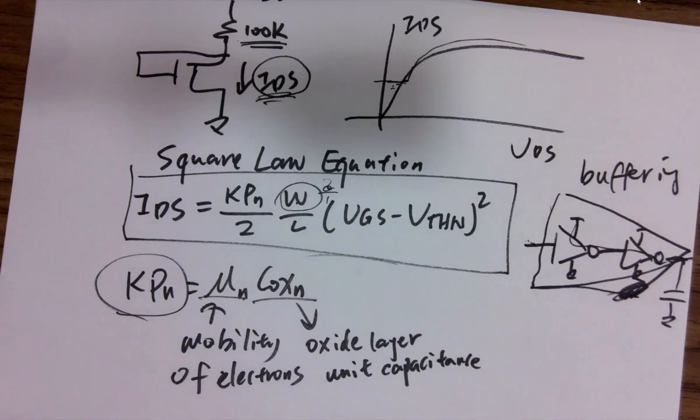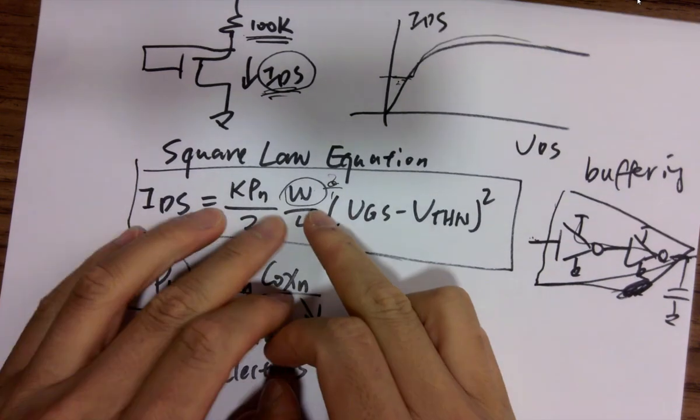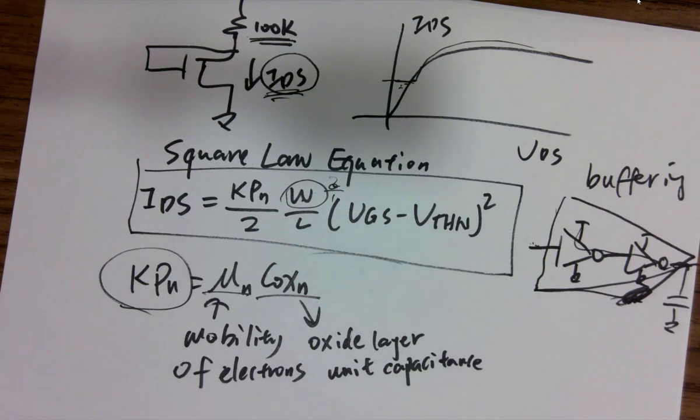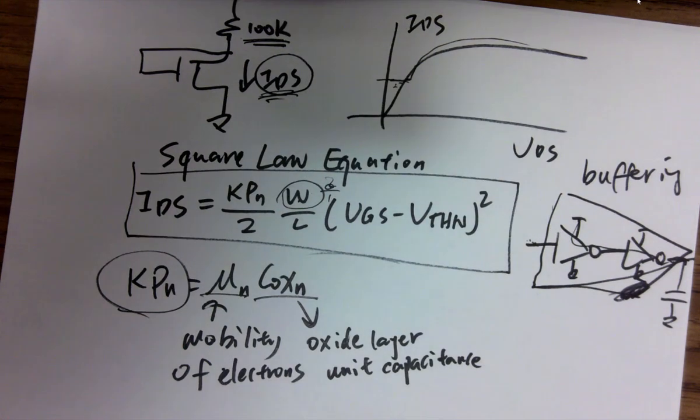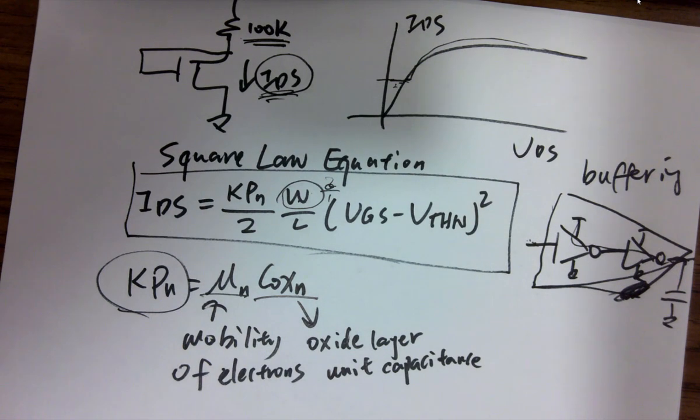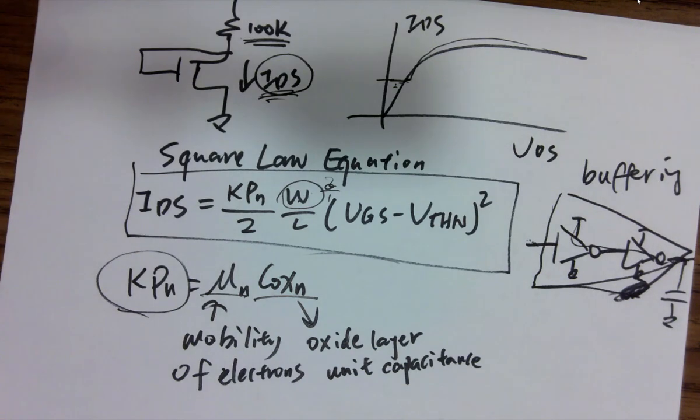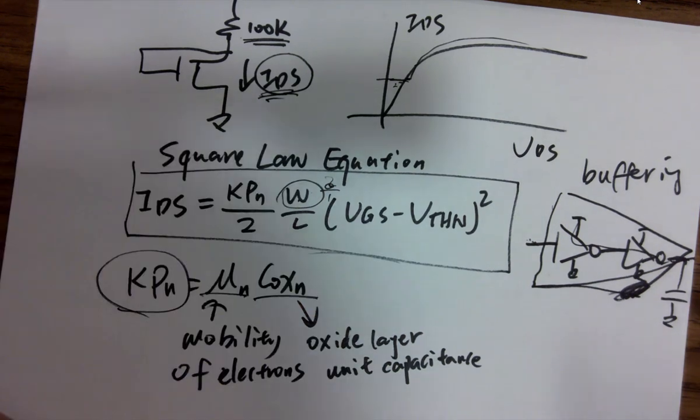Similar concept. If you have a wider transistor, it's a wider diameter of the pipe. Length: if you have a shorter length of the pipe, the water can reach that bucket quicker. Okay. So that's KP.